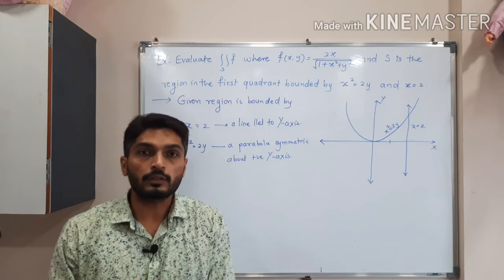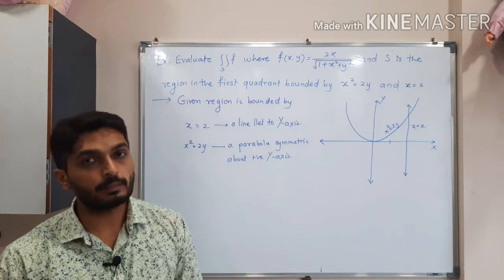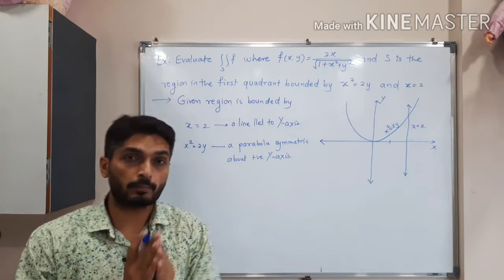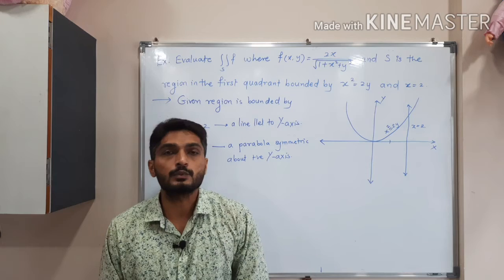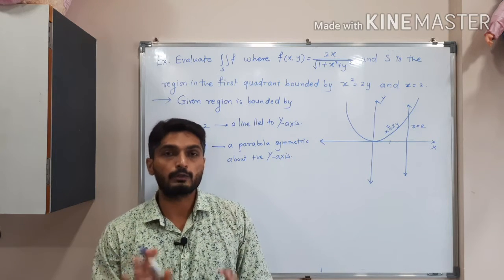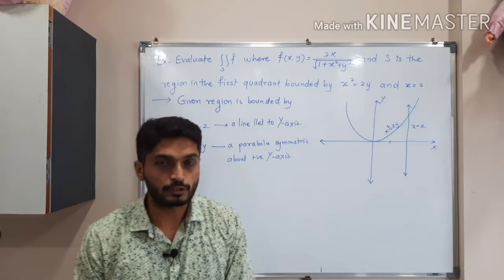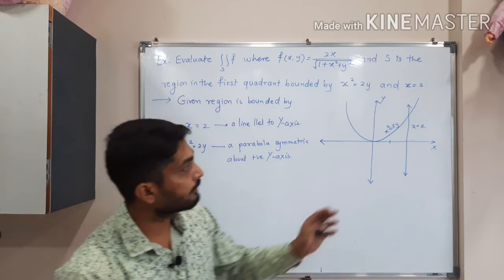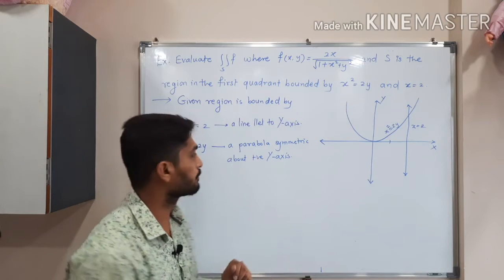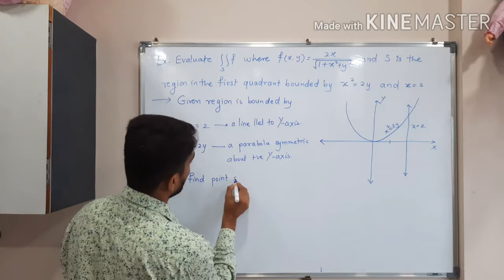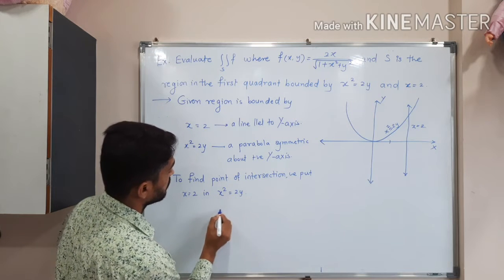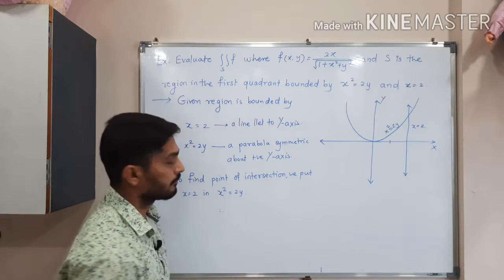The one more important thing is the point of intersection. So tell me how to find the point of intersection of these two curves, x is equal to 2 and the parabola. The simple method is we put the equation of one curve into the equation of the second curve, and by solving we get the point of intersection. So for that, I will put x is equal to 2 in the equation of the parabola.